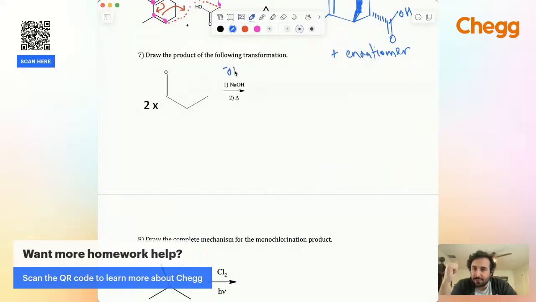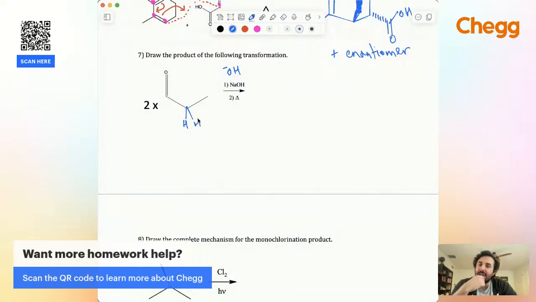So we've got hydroxide. We've got a strong base, which means we're probably going to do an acid-base reaction. So we want to find the most acidic proton on the aldehyde. So where is the most acidic proton? It's not the one on the carbonyl carbon. It is actually the one, and there's 2 of them here, so we'll draw both of them.